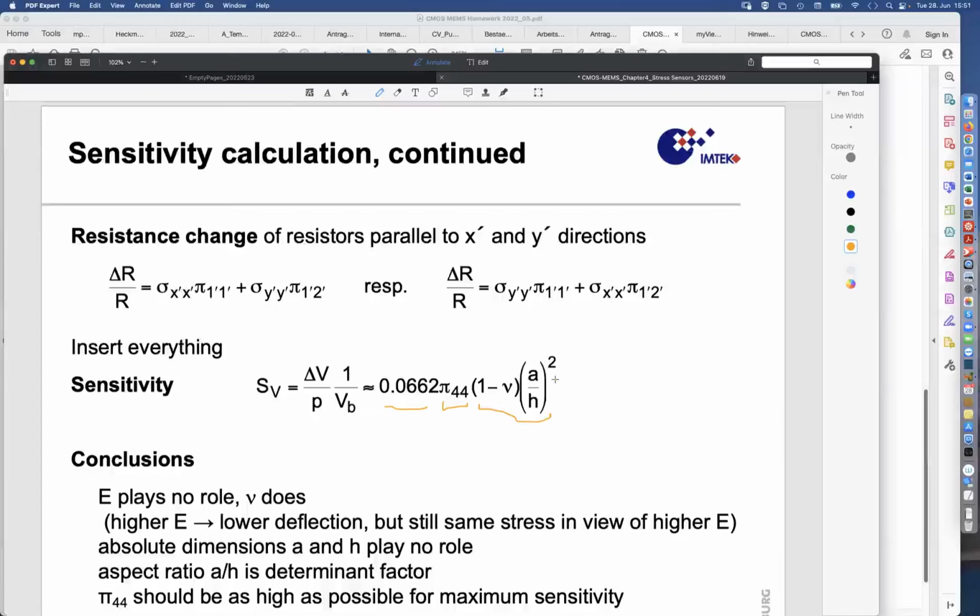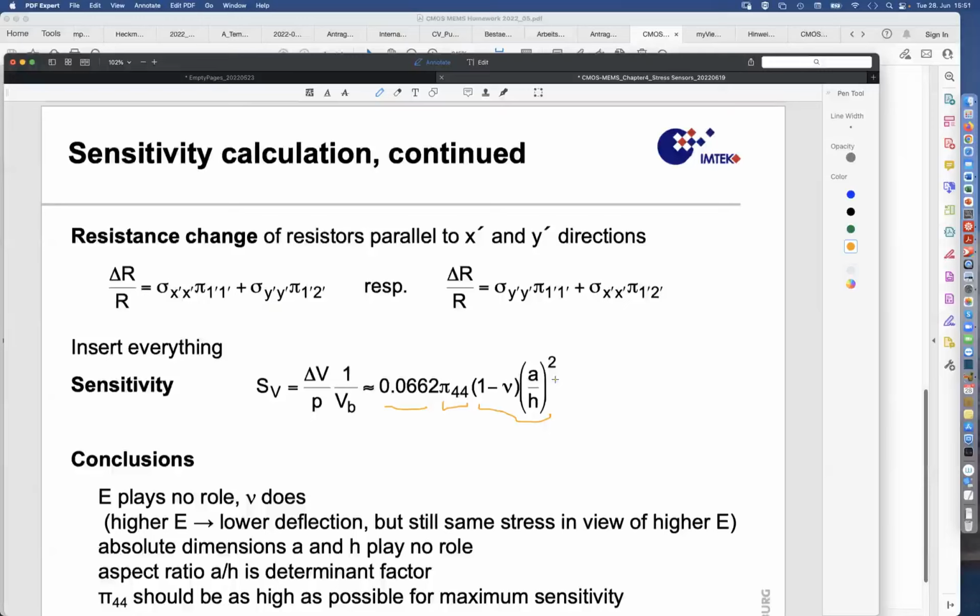And the interesting part of that formula is that, you see, the absolute dimensions don't necessarily play a role. It's their ratio. It's the aspect ratio of the sensor that makes the sensor sensitive. So having a large membrane per thickness will make the sensor more sensitive.